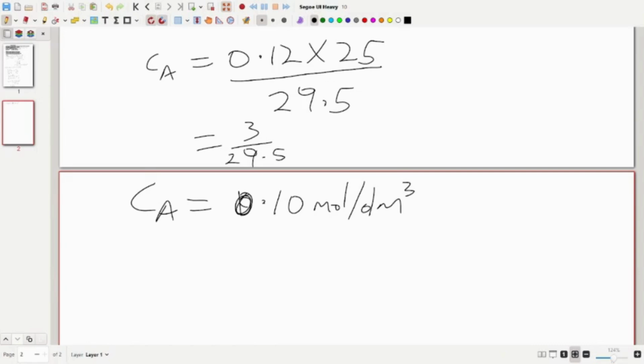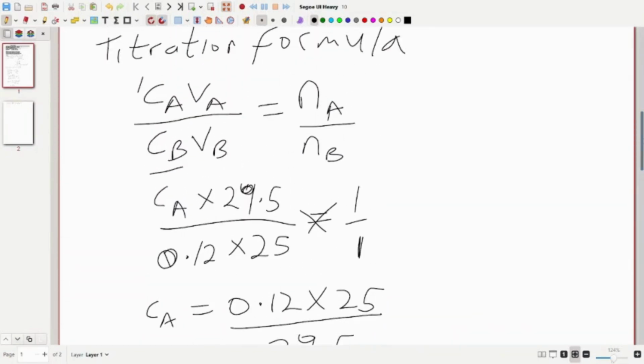It is important to note that the concentration in the titration formula itself is in mol/dm³. It's molar concentration, not mass. These are some of the areas where students mix things up during exams. The concentration in the titration formula is expressed as mol/dm³.